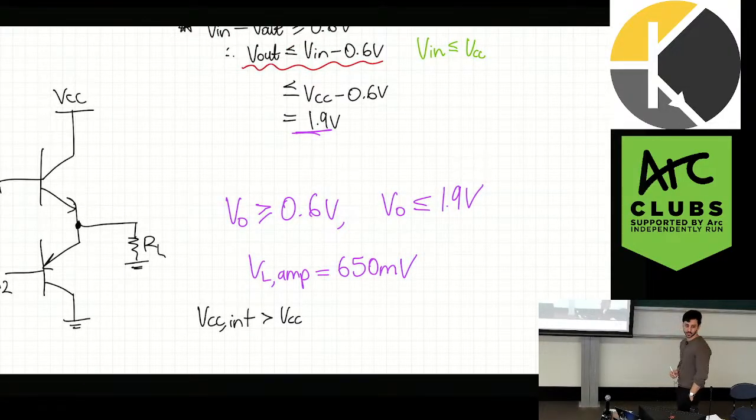This is just so we have that margin on VCC. I don't think there's anything else to it. You'd have to have access to some internal voltage that's greater than VCC.